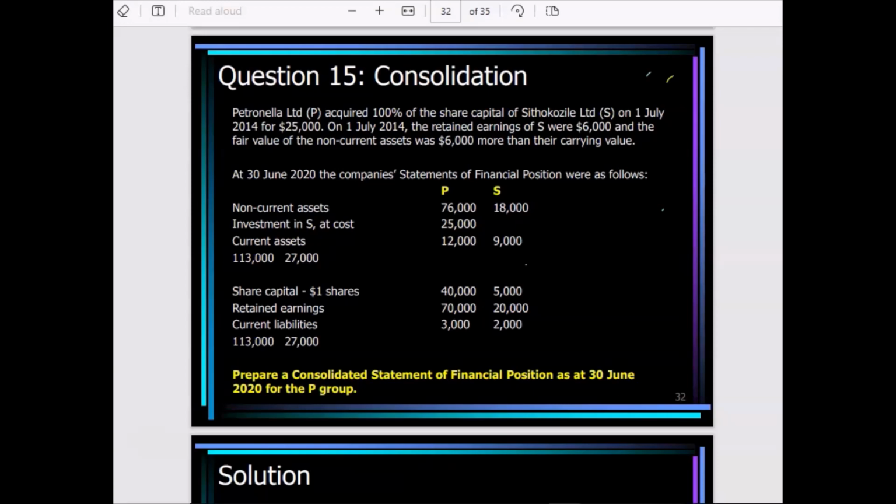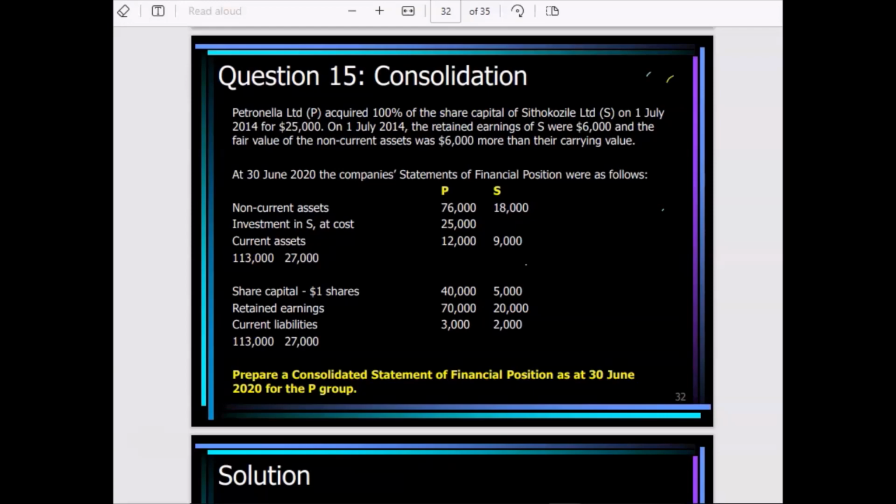At 30 June 2020, the company's statements of financial position were as follows. We've got the SFP for P and SFP for S. P is the parent. P is Petronella Limited. Now, the question is saying, prepare consolidated statement of financial position as at 30 June 2020 for the P group.